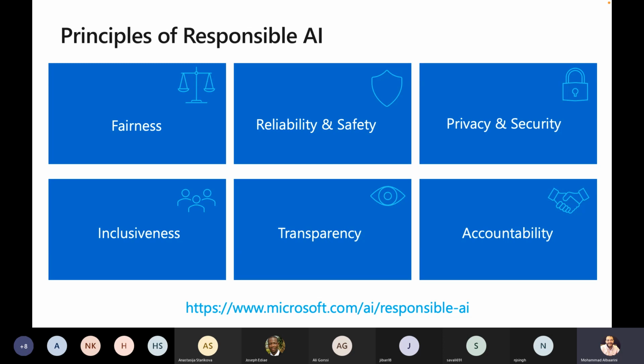And then finally we have accountability: people should be accountable for AI systems. Designers and developers of AI-based solutions should work within a framework of governance and organizational principles that ensure the solution meets ethical and legal standards that are clearly defined.